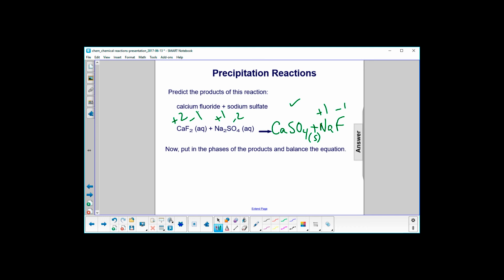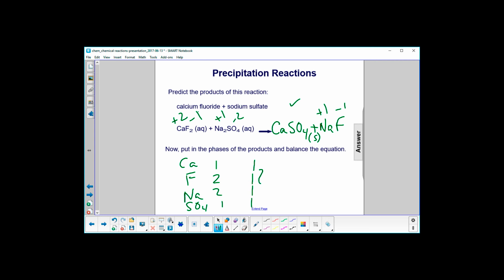Now let's balance it. On the left side, we have 1 calcium. Okay, so calcium 1 on the left, and it has 1 on the right. Fluorine, we have 2 on the left, 1 on the right. Sodium, 2 on the left, 1 on the right. And sulfate, 1 on each.